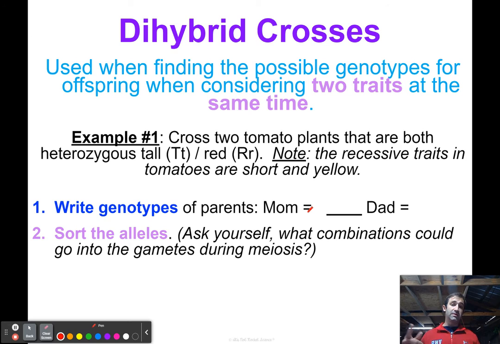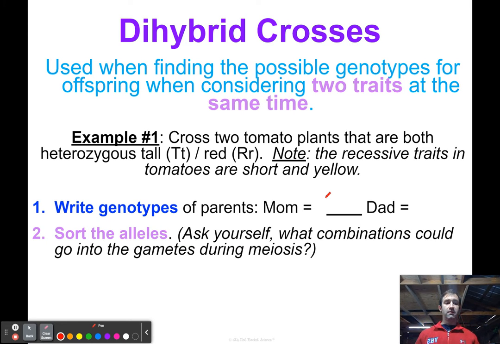So they're saying they're big T, little t, that's for tall, and big R, little r. So you could say the color, maybe like red and yellow. Tall and short would be big T, little t. So what are the genotypes of the parents? Well, since they're both heterozygous, we don't really have any options here.